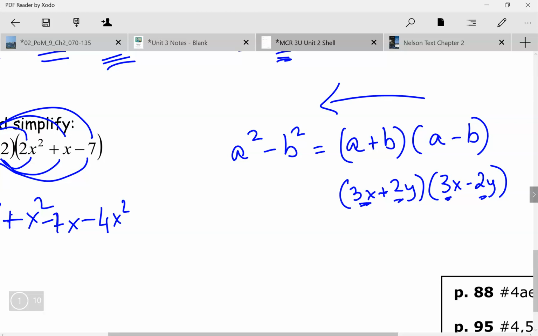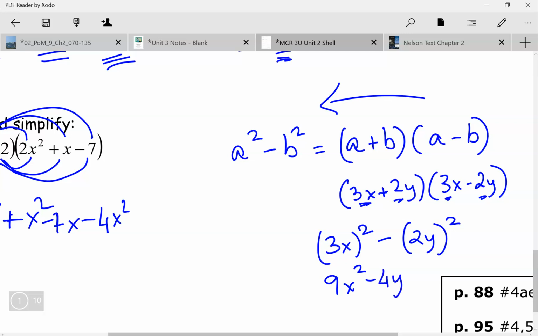So this is a squared minus b squared, and that's taking the entire thing squared. So 3x squared minus 2y squared is what the expansion will give you. So we can directly write 9x squared minus 4y squared instead of doing the crab claw or FOIL.